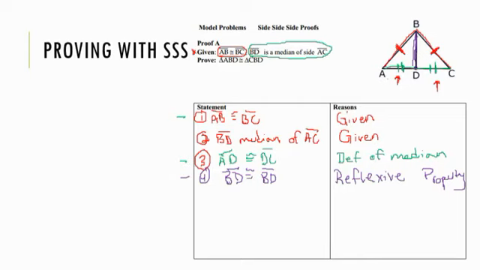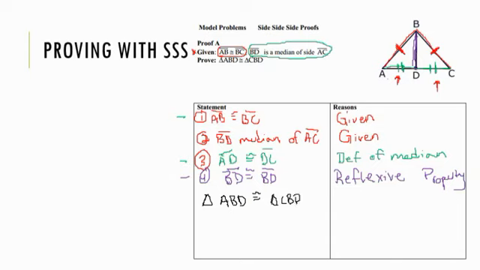So now I can make the statement, and I'll put this color in black. I can make the statement that indeed triangle ABD is in fact congruent to triangle CBD.